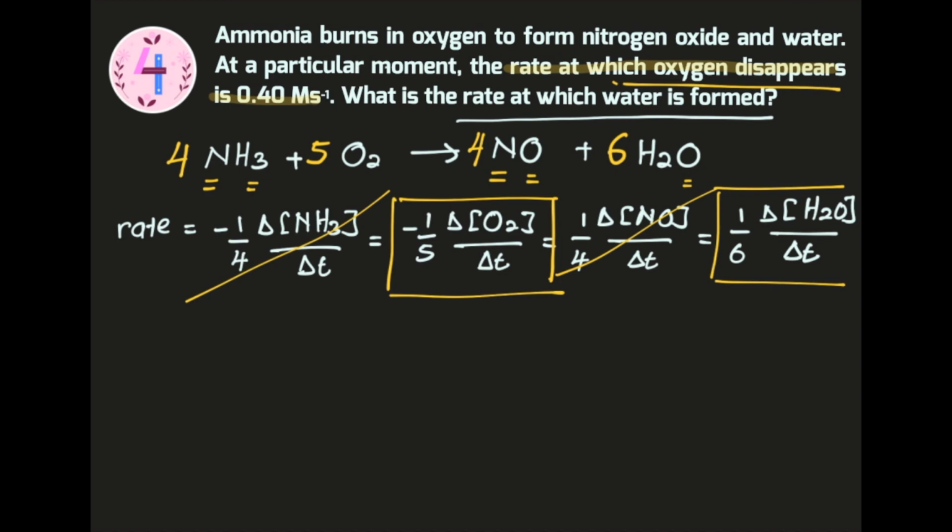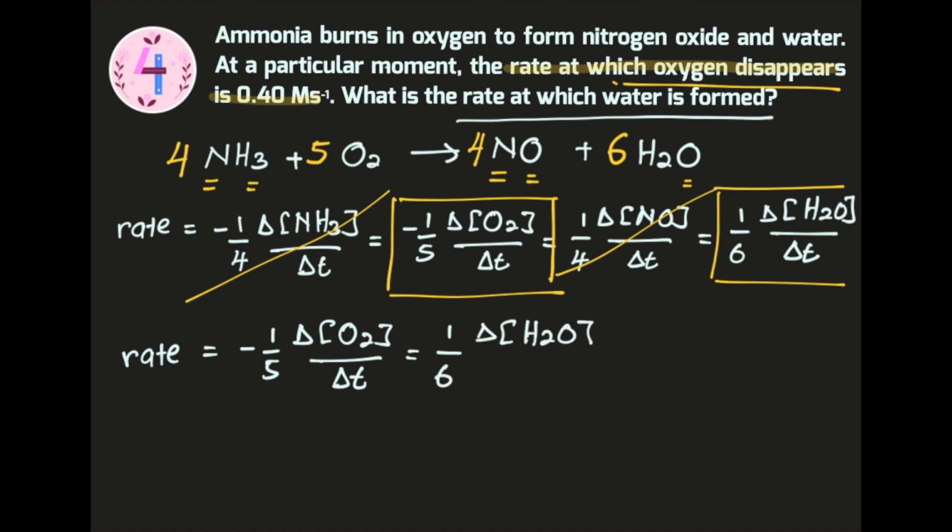So I'm just going to write it again. So rate is actually equivalent to negative 1 over 5 delta concentration of oxygen over delta T, equivalent to 1 over 6 delta concentration of water over delta T.